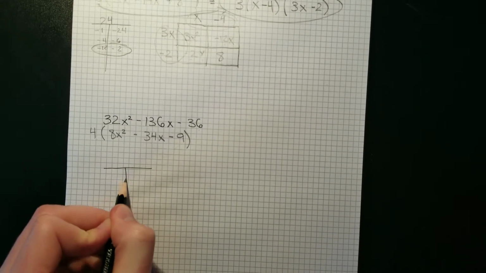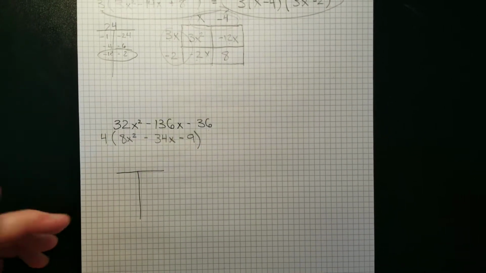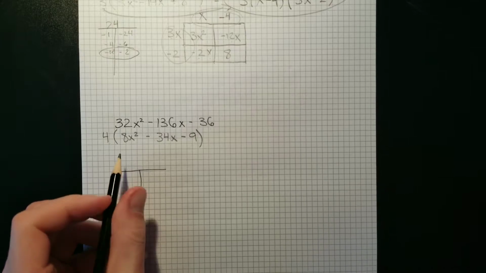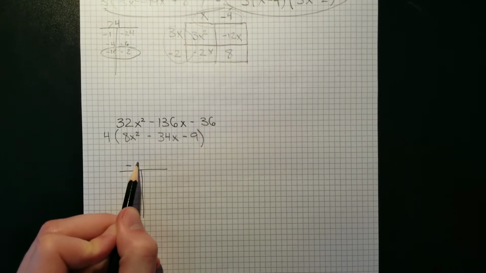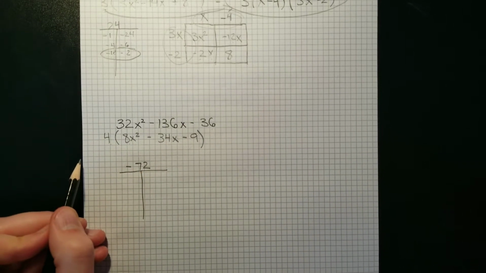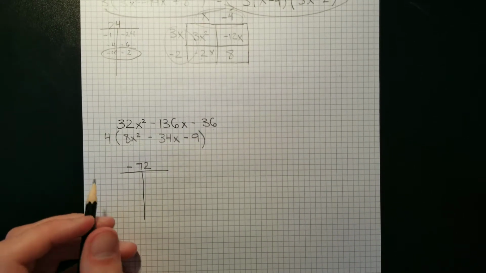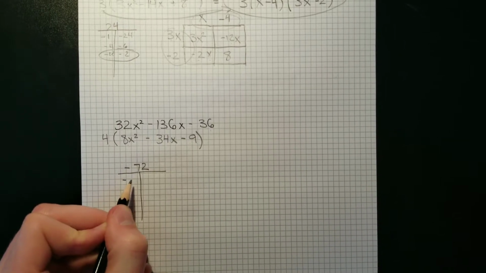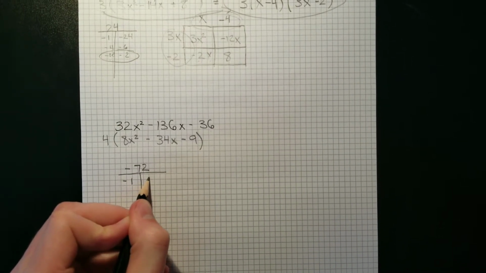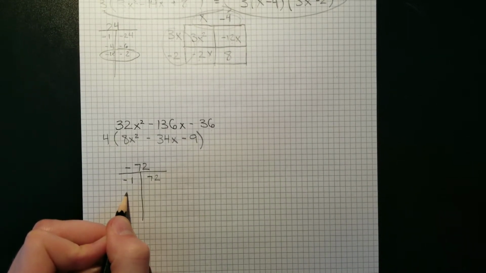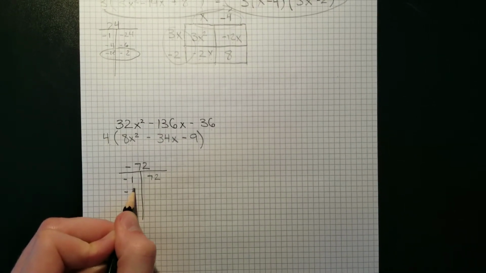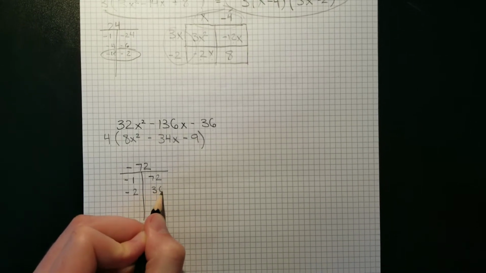So I make my table. The top is going to be a times c, or 8 times negative 9, which is negative 72. And now we have to find ways to get negative 72. For instance, negative 1 times positive 72. We could do negative 2 times 36.